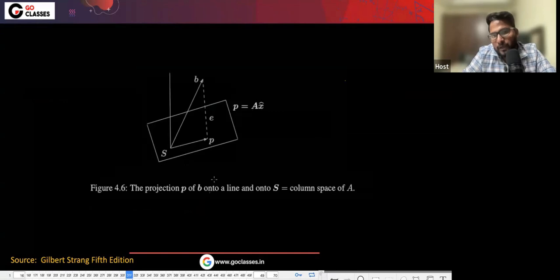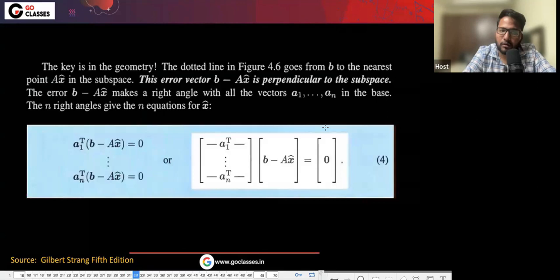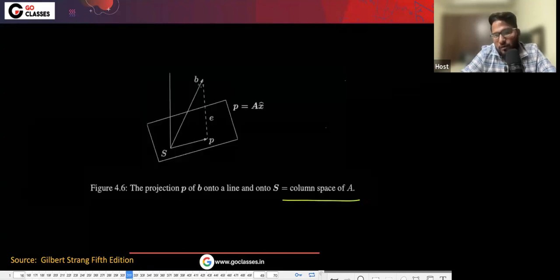Now the projection P of B onto the subspace S equal to the column space of A. So basically, this will be in the column space of A. I mean, the projection will obviously be in the column space, right? And now this B minus, okay, this error, this B minus AX cap is actually perpendicular to all the vectors here, isn't it?